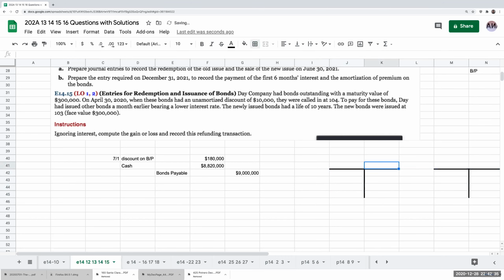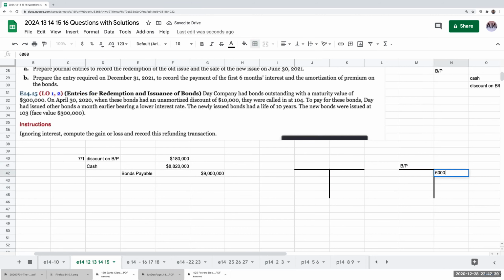If the bond payable had a face value of 6 million and had a discount on bonds payable of 120,000, what I need to do is make these go to zero.